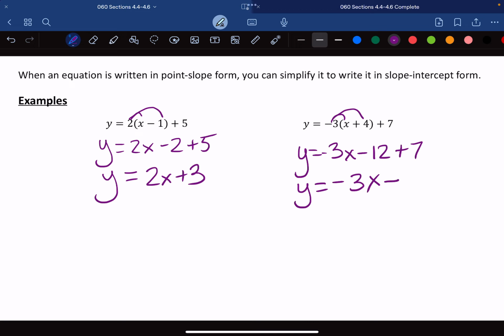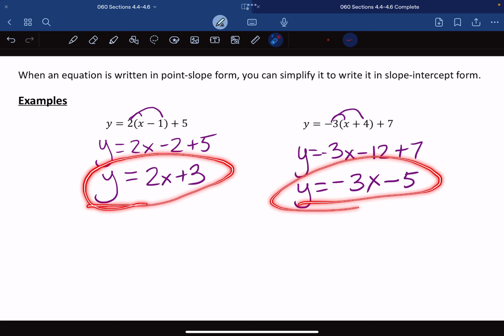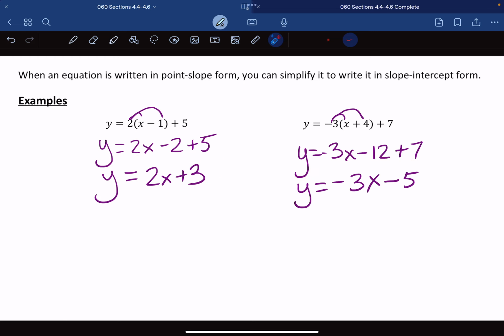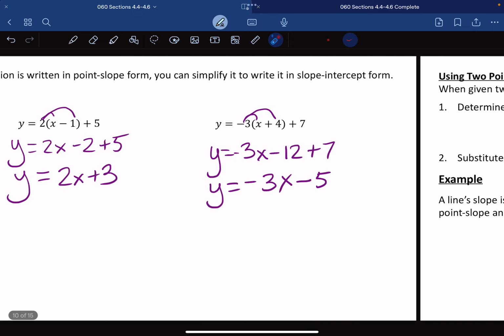Distribute that number on the outside and then combine like terms. And voila, you have slope-intercept form. You can keep it as point-slope form, since in some situations it's nice to have that point and that slope, and in other situations it's nice to have your slope and your y-intercept. So it's interchangeable. You can go from one way to the other and then back again. I wanted to point that out.